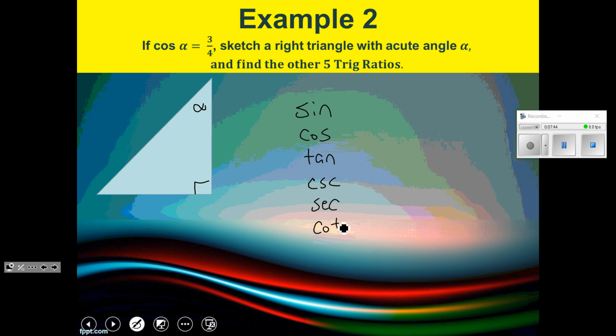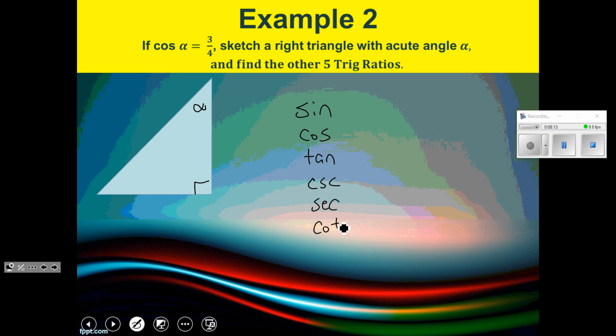If we know the cosine is 3/4, and here's our alpha, what do you know about your sides? What's the cosine normally? Cosine is adjacent over hypotenuse. So do you know one of your sides? Which one would be adjacent to this angle?